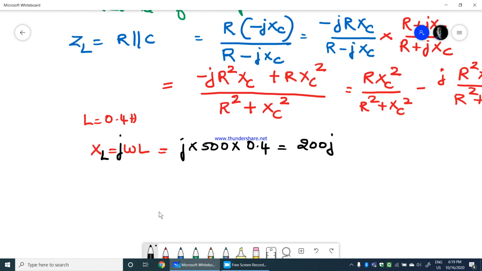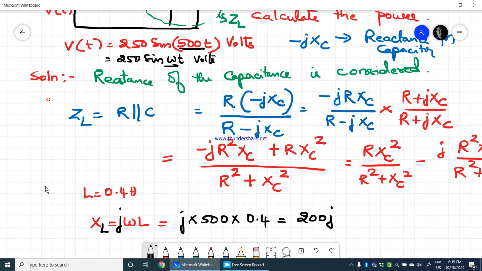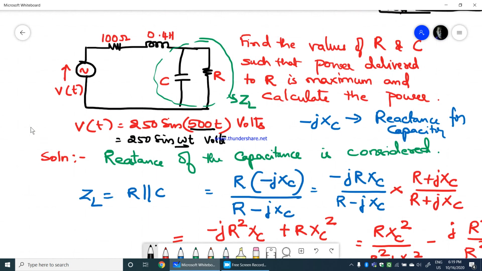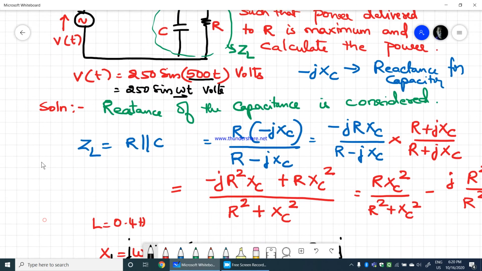So therefore, if I consider this term in the problem as load, then this term becomes source, ZS. So what is ZS?